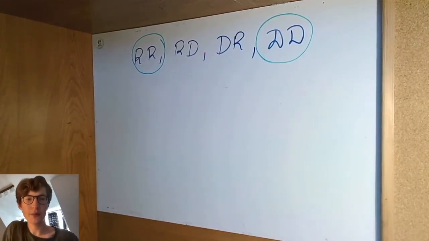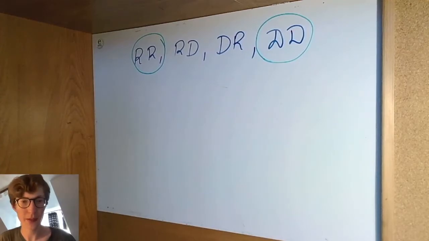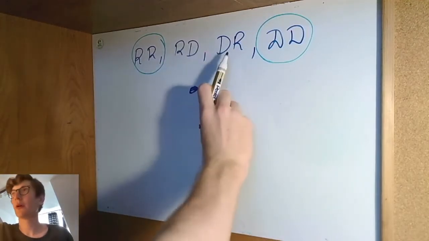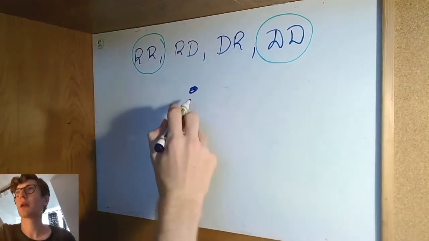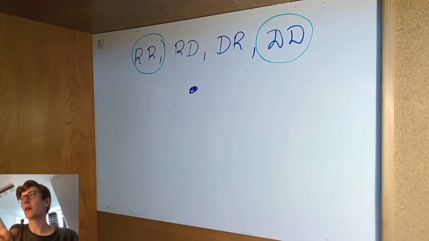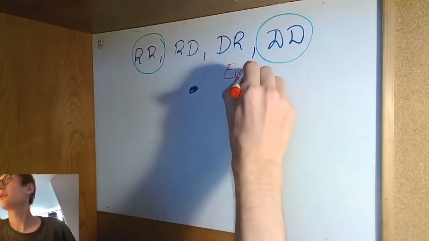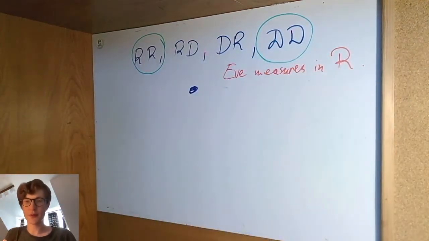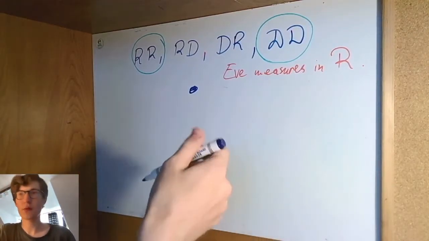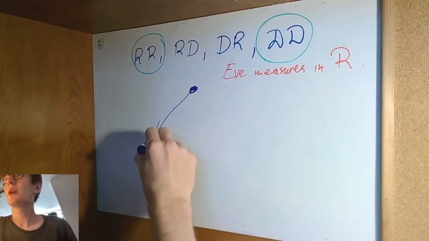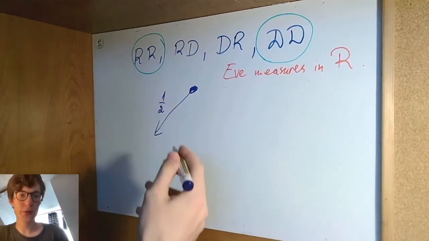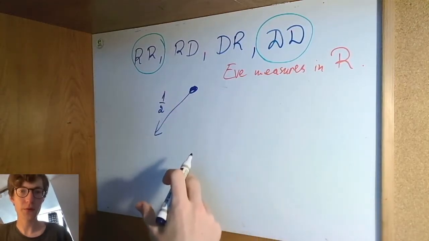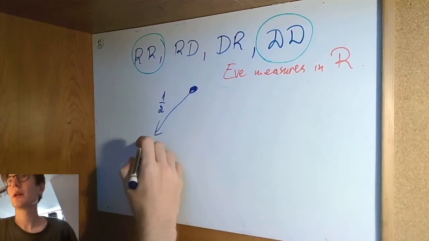So how can we find the probability of having the same bit? Well, as we said before, we have these 4 possibilities of choosing bases, right? Also, I will write that Eve measures in R, which is the computational basis, and she always measures in this basis. So we have 1/2 probability that a bit won't be chosen for the key, right?